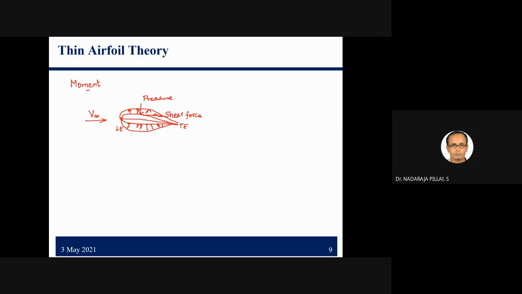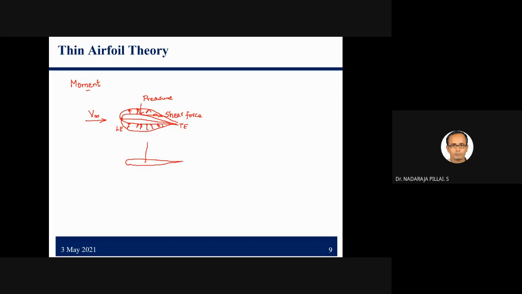If it is so, where will you place it? So one can talk about the resultant on the symmetrical airfoil. We can say that there is a point called the center of pressure.